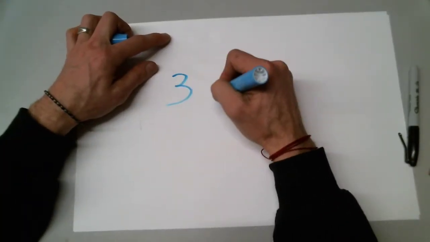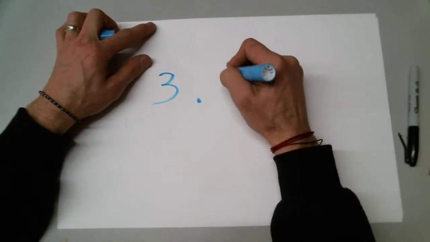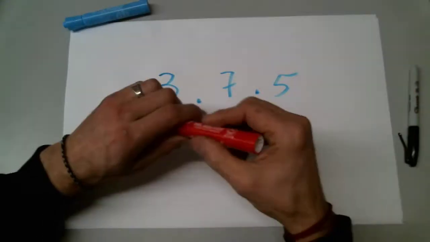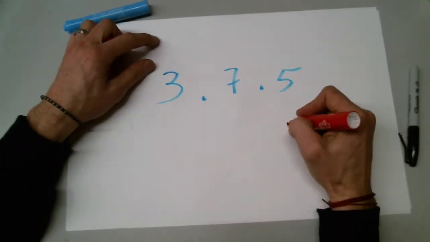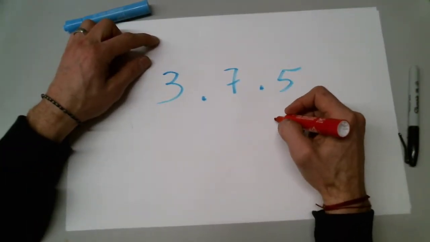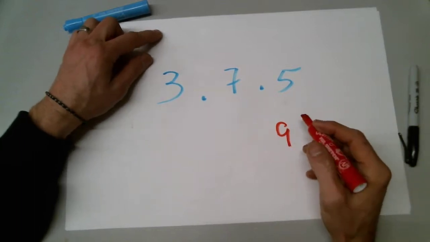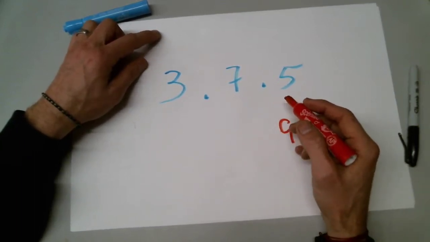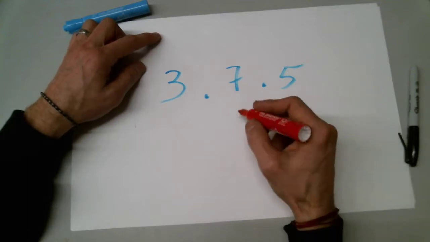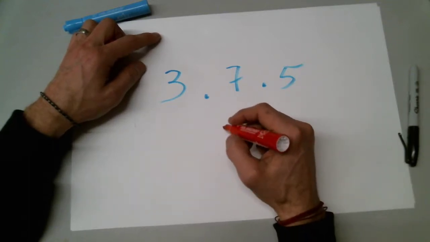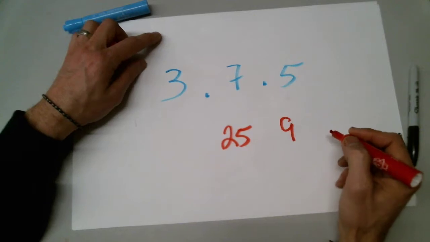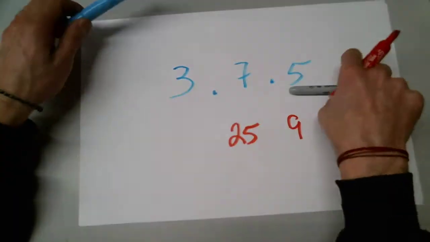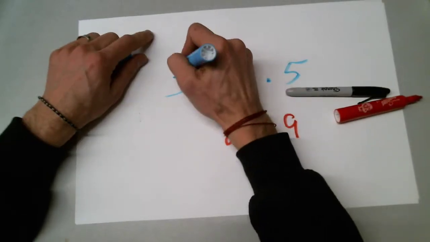Let's make one a little harder. We're going to go 3 on the top. Let's go, I like 7, and let's do 5. Those are going to be our numerators. Our denominators, let's make them 9, 25, and actually I'm going to make this one up here 6.